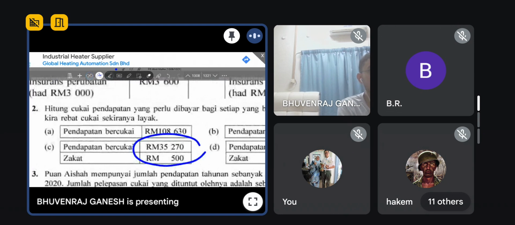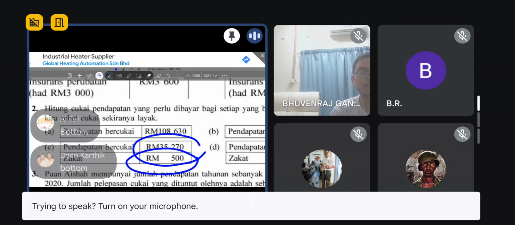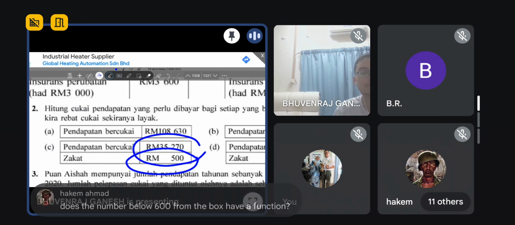Zakat, remember, do we minus at the top part or at the bottom part? Zakat, very good. Always minus at the end, when you calculate the tax you have to pay.